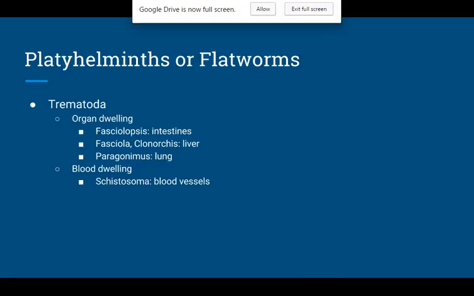Paragonimus, the lung. And then the blood-dwelling are the schistosomes. The Schistosoma, if you remember from your analysis, Schistosoma haematobium infects the blood vessels around the bladder, and then there's two other ones that infect the blood vessels in the intestines that we're going to talk about.